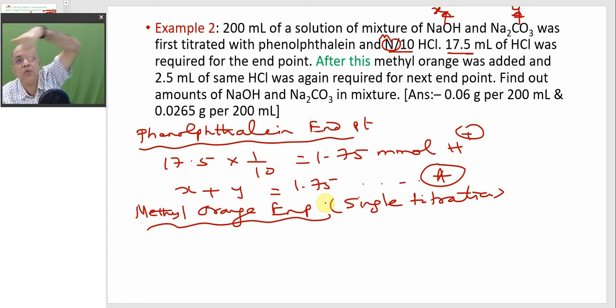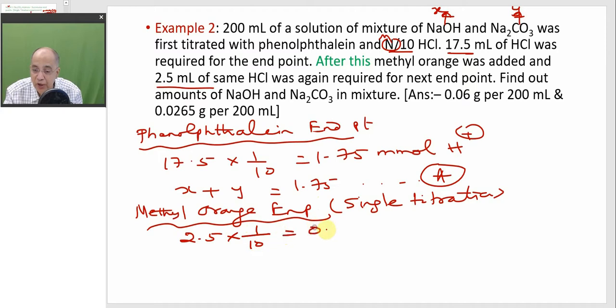So that will require Y millimoles of HCl again. So millimoles of HCl further required is 2.5 ml of the same HCl, 2.5 into 1 by 10. So it is 0.25 millimoles of H plus, and that is nothing but Y.